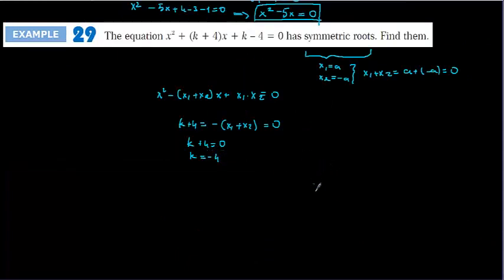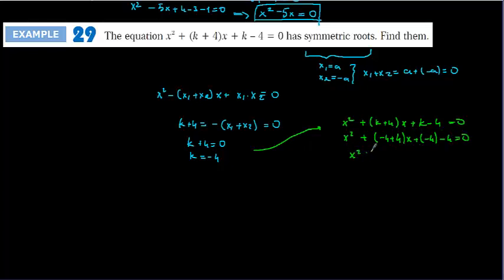Then here we are going to solve the last part of the equation. If I replace k with minus 4, then our equation x squared plus (k plus 4)x plus k minus 4 is equal to 0 becomes x squared plus (minus 4 plus 4)x plus minus 4 minus 4 is equal to 0.